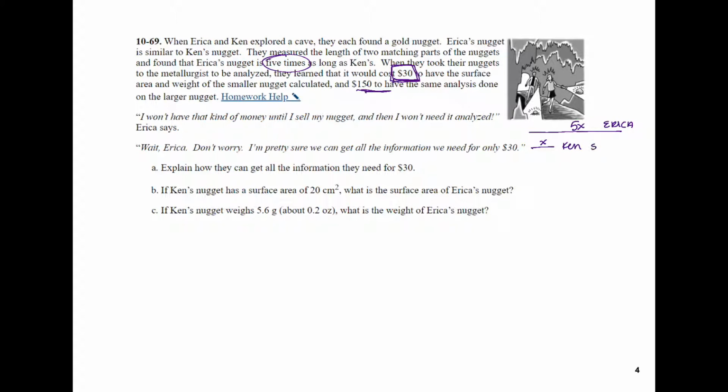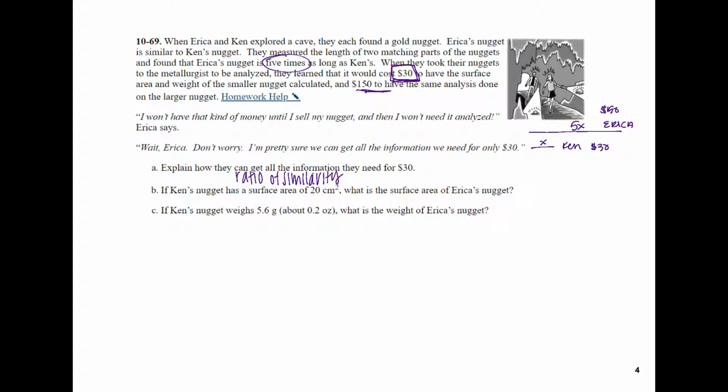It would cost $30 for Ken's and $150 for Erica's. So they could get Ken's analyzed for $30, and then they could use that to calculate the data for Erica's nugget themselves.